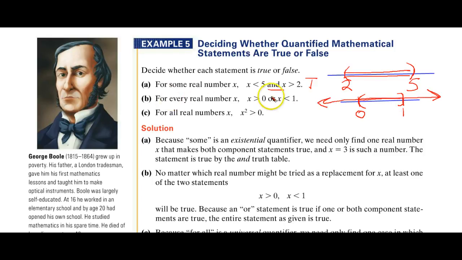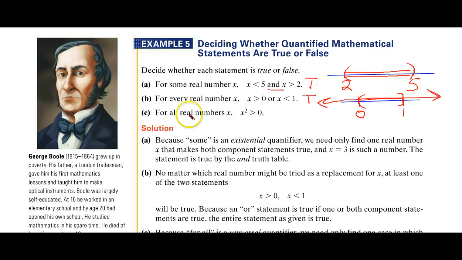So, since it's an OR, everything would make these statements true. So this is a true statement. And by the way, this sort of represents a disjunction, but since they overlap, it looks like this. And this is the case where both are true.